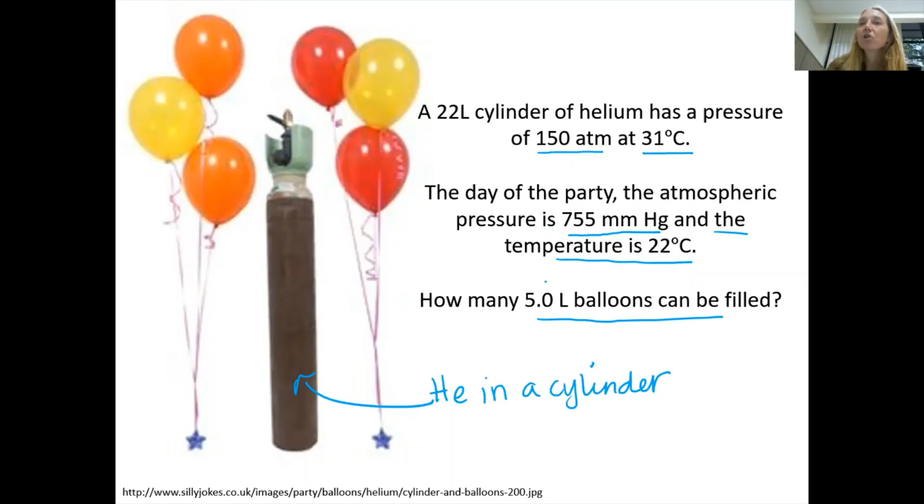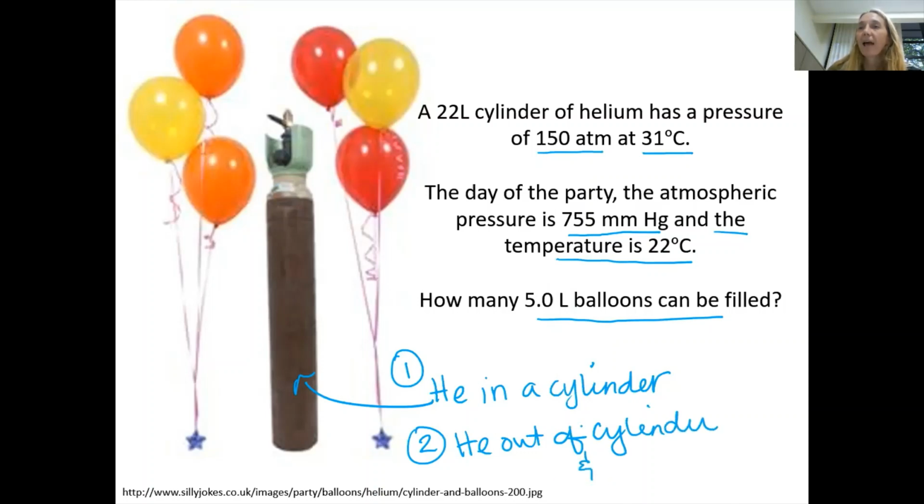To do this, we have to take the helium out of the cylinder. So 1 is helium in the cylinder and 2 is helium out of the cylinder. When we take it out of the cylinder, we need to put it into balloons.